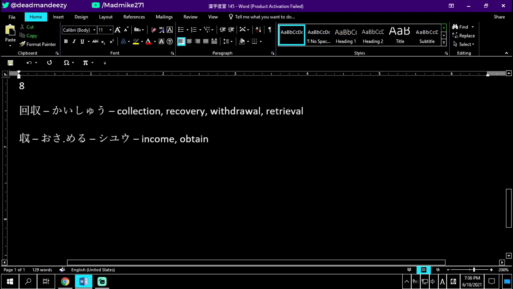So, osameru or shu is income or obtain. Shu is kaishu. Collect something.